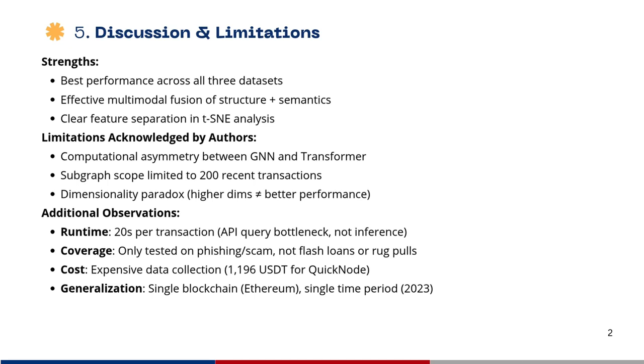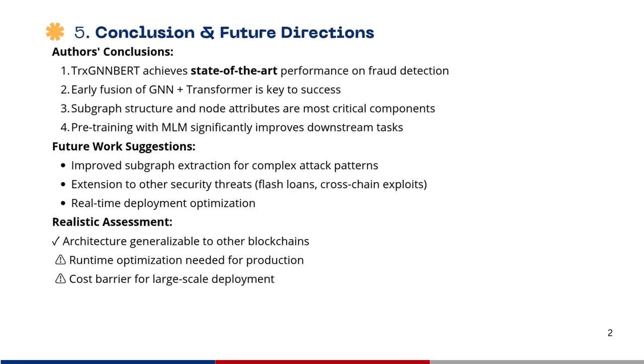And the data collection was quite expensive. It cost almost 1,200 USD, and more importantly, they only evaluated on Ethereum during 2023. So generalization to other blockchains or time periods remains to be validated.